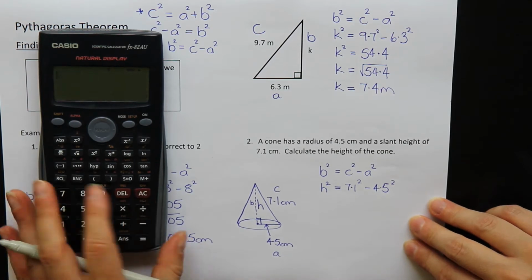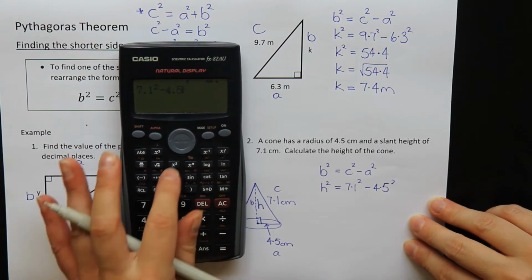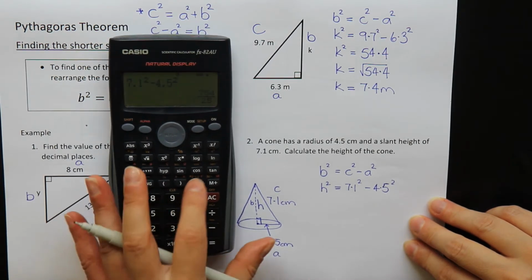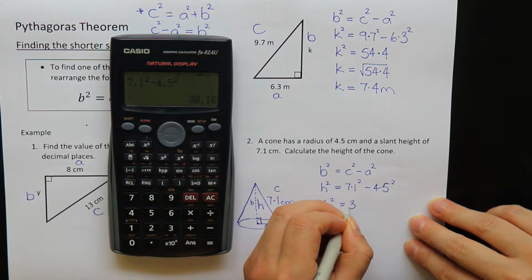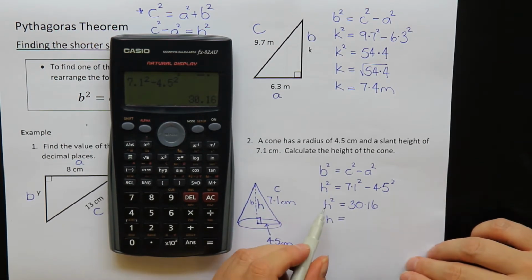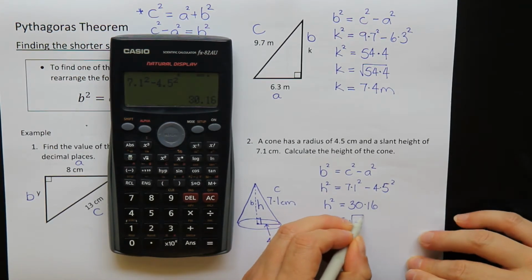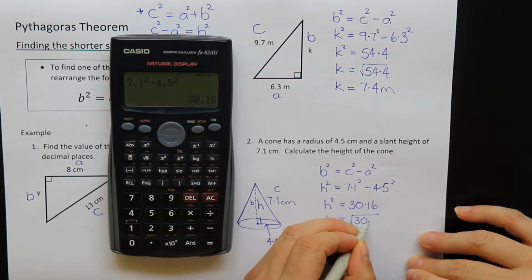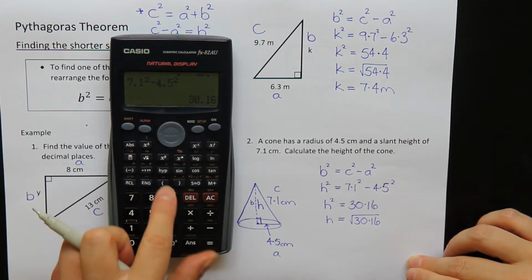Right, using the calculator, 7.1 squared minus 4.5 squared equals, we get h squared is equal to 30.16. To get rid of the squared, we square root 30.16 and type that in.